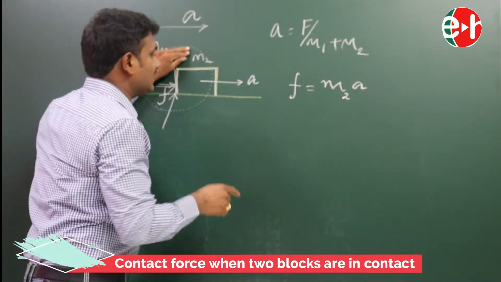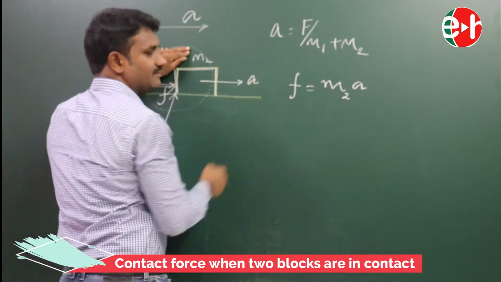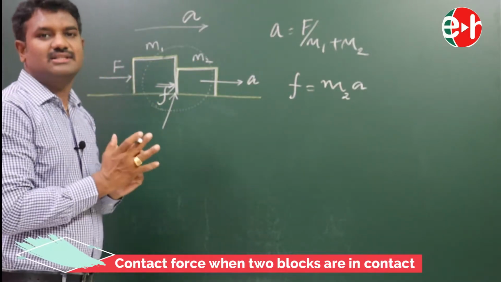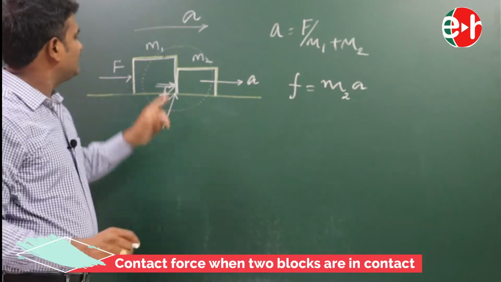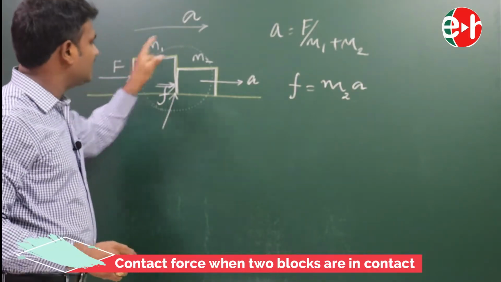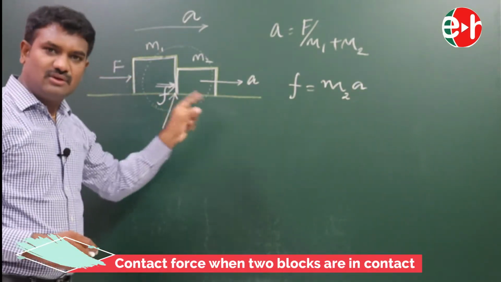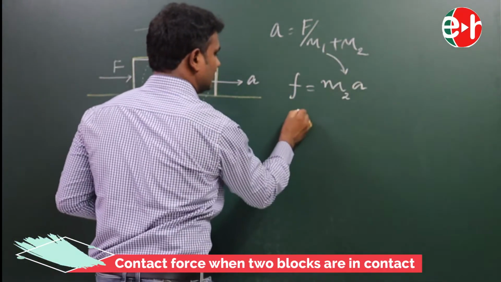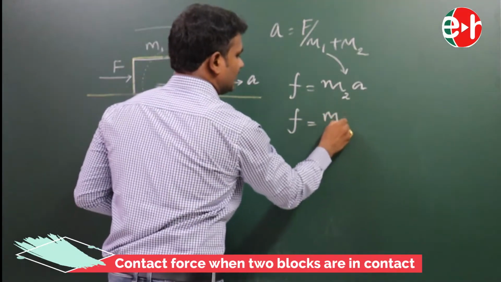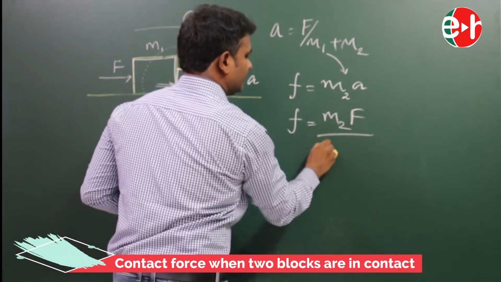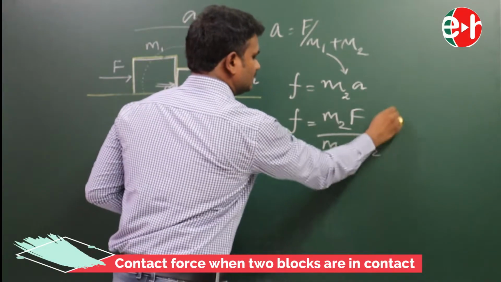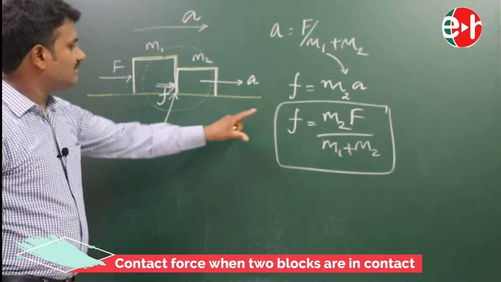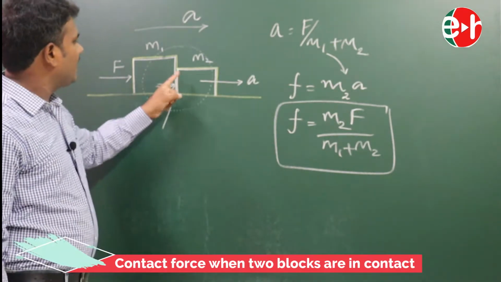But earlier we have found the acceleration of this block as this, because when the two blocks are there, they are moving with the same constant acceleration A. Means acceleration of this block M1 is A, acceleration of block M2 is also A. That's why I can put this A here and I get f is equal to M2 into F by M1 plus M2. So this is our contact force acting on M2.